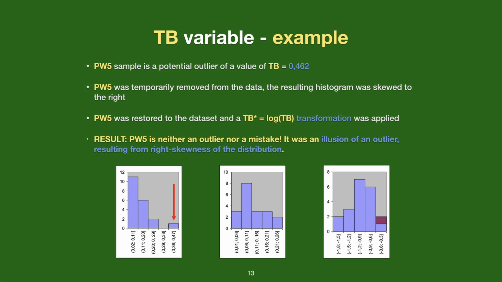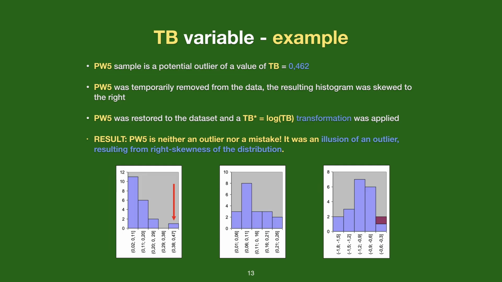Here we analyze the TB variable. The sample PW5, with TB equals 0.462, looked like a potential outlier. So PW5 was temporarily removed, and the histogram of the remaining data was checked. But the resulting distribution was still right skewed. That means the problem was not really the object itself.